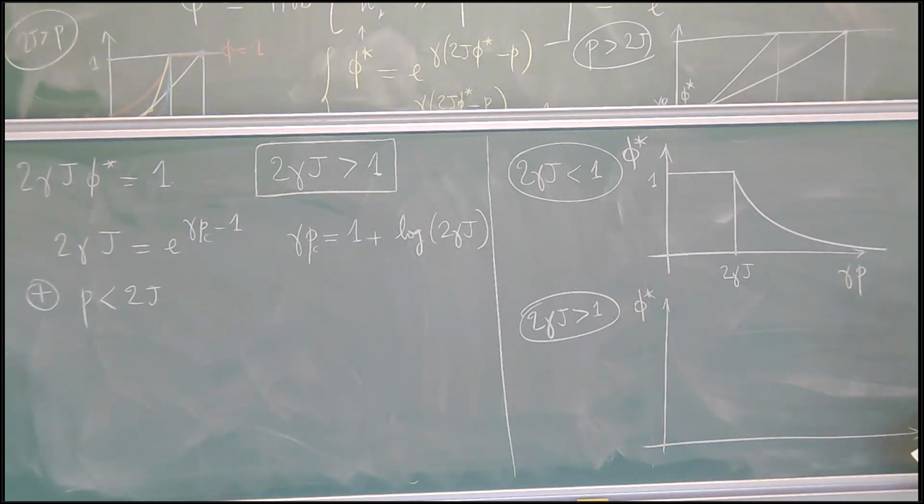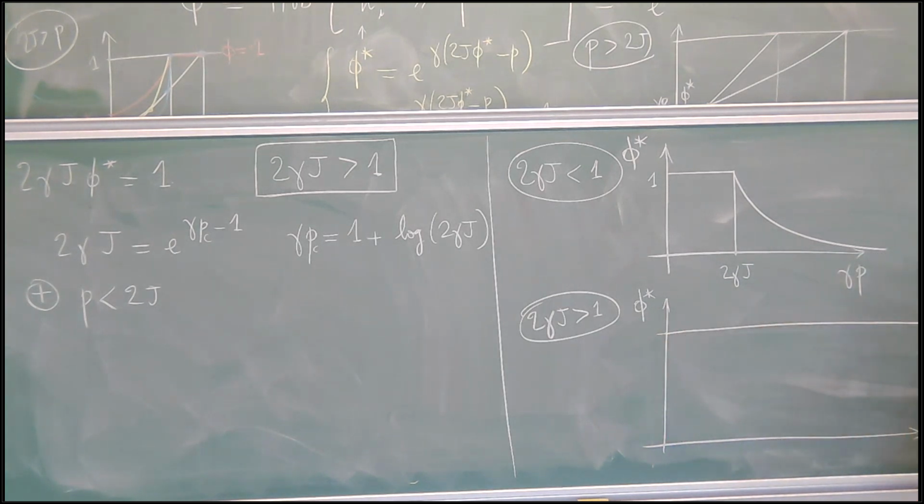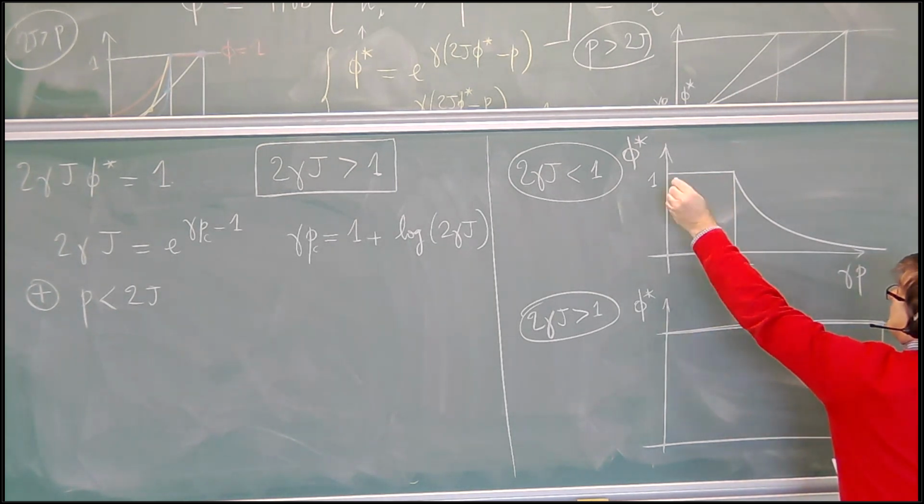And now what you find is that phi star remains stuck to 1 until 2 gamma j, which is equivalent to the fact that p must be less than 2j. So it's equal to 1 all the way. So that's the analog of this plateau.